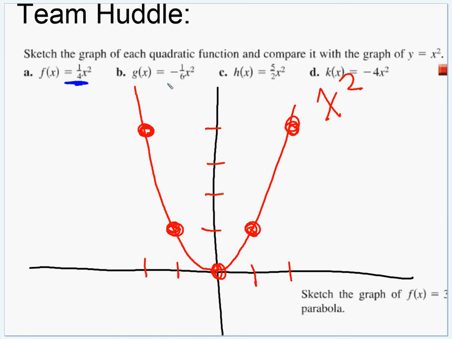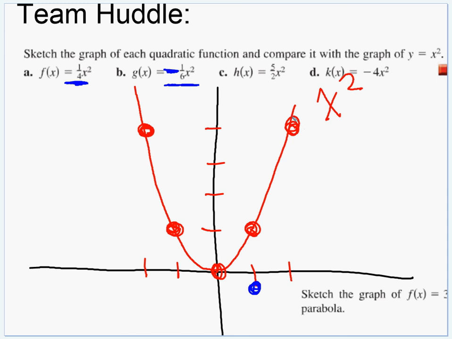Now in here, we could do the reflection first. That negative is going to flip us over the x-axis as it's going to open down. And then we're also going to reduce our y values by 1/6. So this point here would get reflected over. It's now at negative 1, but it's going to be cut down to 1/6 of its value. So it's going to be here at over 1, down negative 1/6.